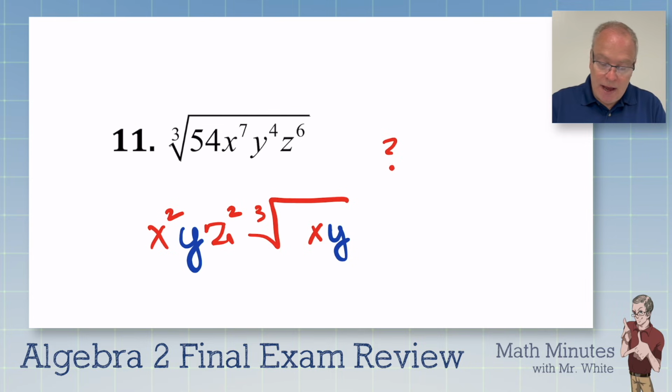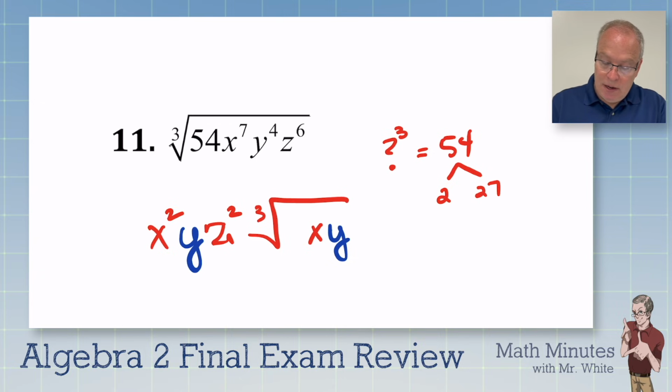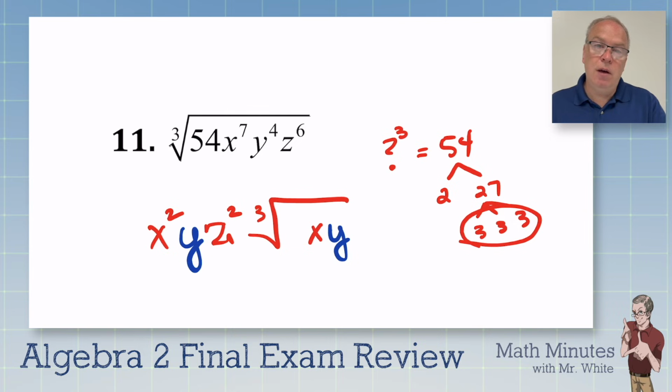Now, you have to ask yourself, is there anything to the third power that equals 54? Well, you could take 54 and just start splitting it up, right? It's 2 times 27, and then this is 3 times 3 times 3. Aha! There we go. This is a group of 3.